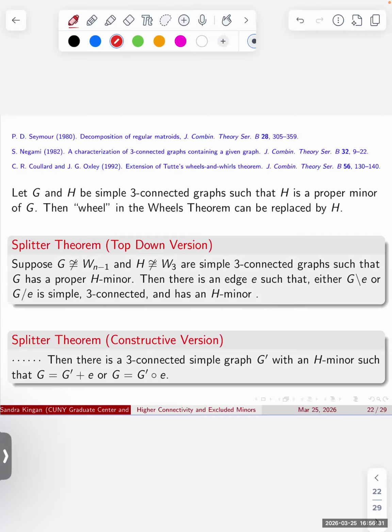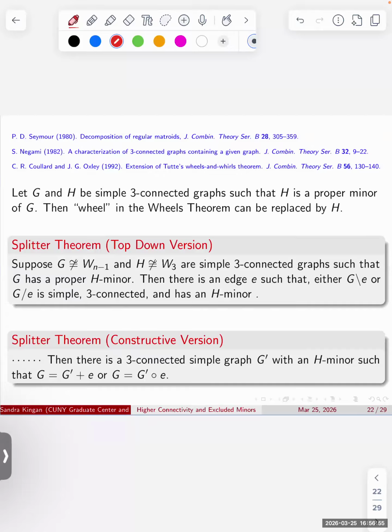Okay. So suppose G is not a wheel and H is not W3, right? And H is a proper minor of G, right? So you have G, you have a proper minor H, and just forget about the wheels. And then there is an edge E such that G delete E or G contract E is simple three-connected and has that H minor.